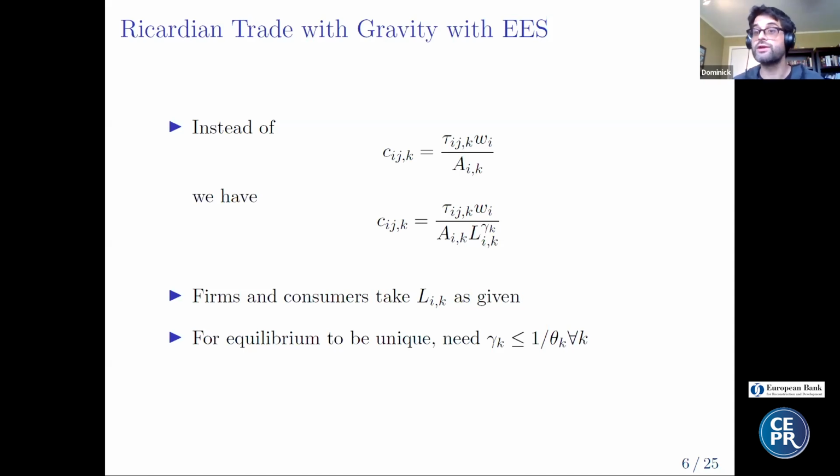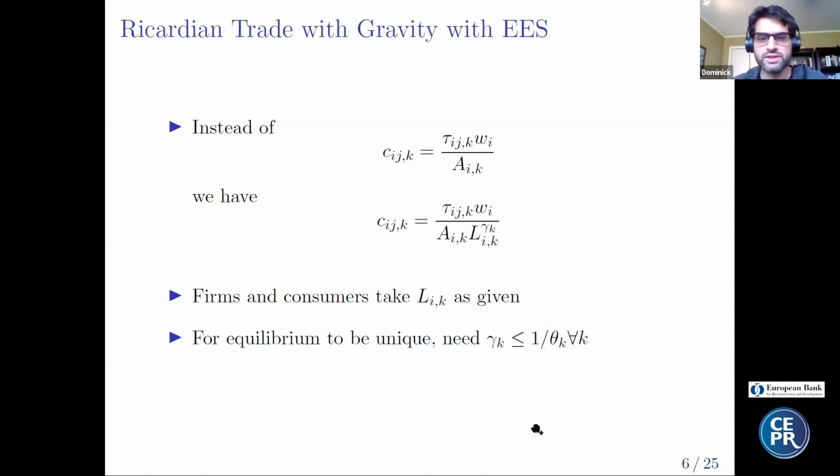Okay, these are external and not internal increasing returns. And so this is precisely the feature that firms and consumers take L as given, but in reality, it's determined jointly by all their decisions that's going to give rise to the gap between private and social returns that industrial policy is going to address.